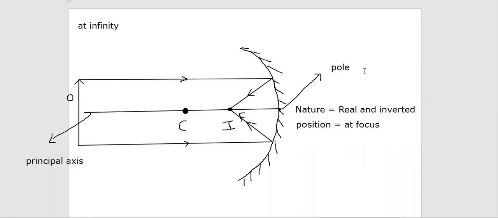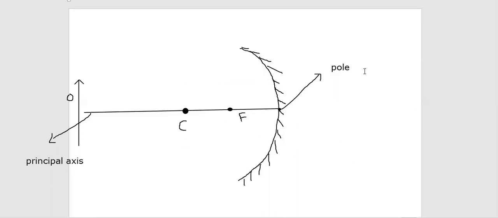Now we will be learning what happens if an object is beyond C. If an object is beyond C, in the sense beyond the center of curvature, it will be between infinity and the center of curvature.